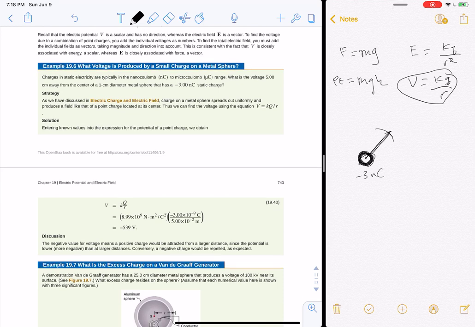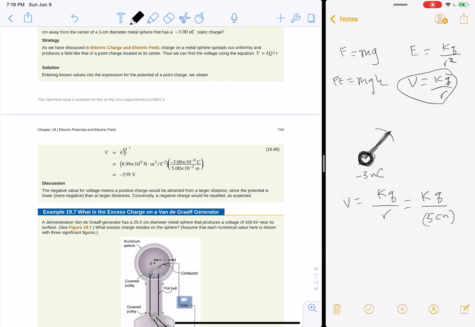So from the center out to here, we're going to stick with our 5 centimeter distance. So our voltage is going to be kQ over r, and that's going to be k times our charge, minus 3 nanocoulombs, divided by 5 centimeters, and then that whole thing, not squared, just that.